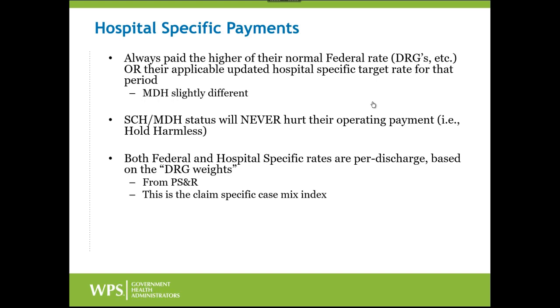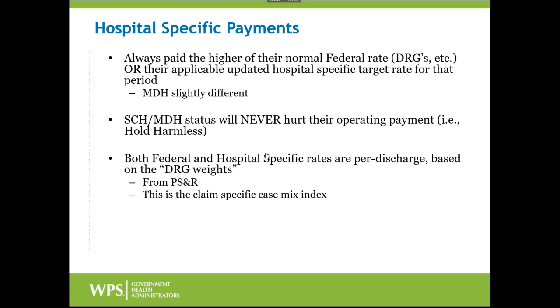It's whichever one is higher. For a Medicare dependent hospital, it's actually the federal rate plus 75% of any excess difference if the hospital specific rate is higher. The key thing here is that being a sole community or Medicare dependent hospital will never hurt the operating payment, and it'll only increase it or leave it at the same.